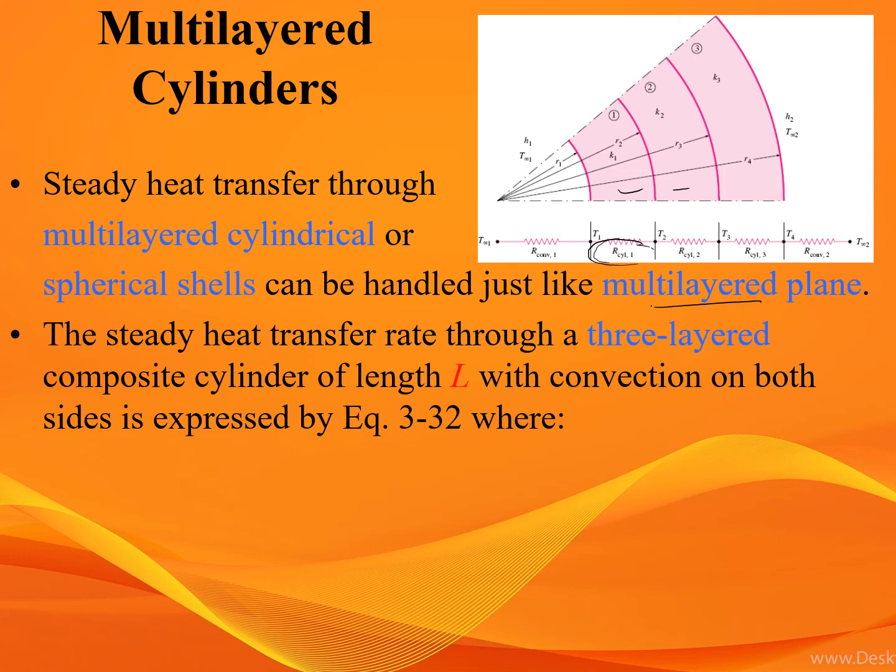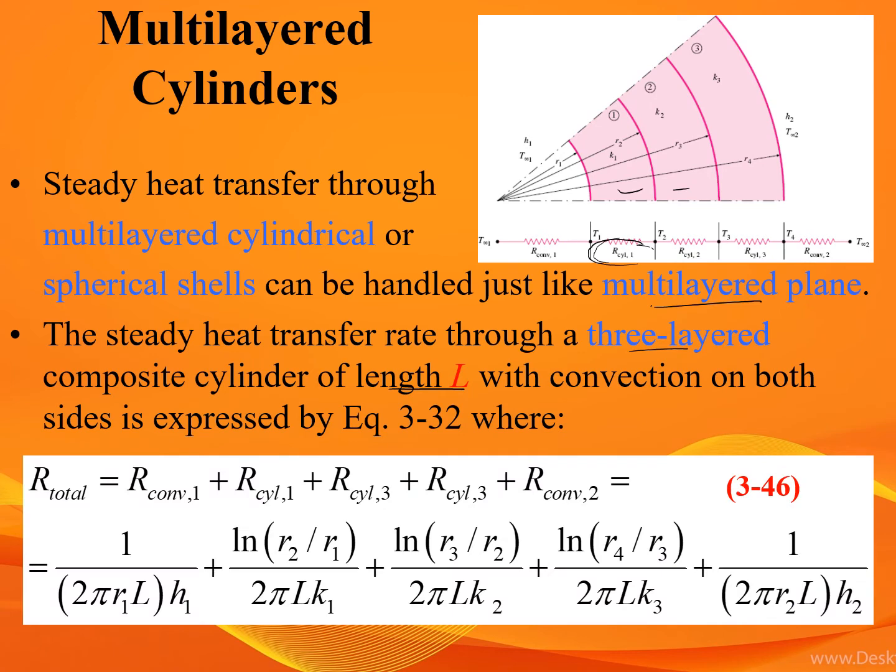The steady heat transfer rate through a 3-layered composite cylinder of length L with convection on both sides is expressed by equation 3.32. For this one, we can say that inside there is a convection. Starting with convection, this is conduction, conduction, conduction, and lastly convection. For convection, we use 1 over HA.